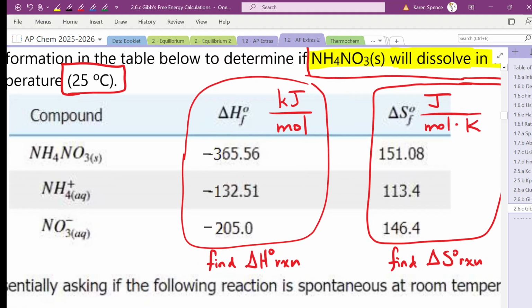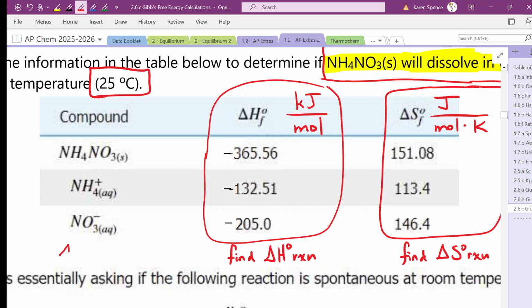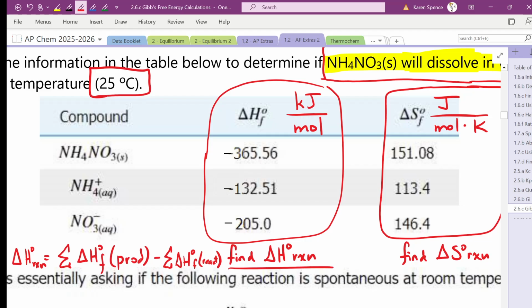So what you would do is you would just use the sum of delta H naught of formation of the products minus the sum of delta H naught F of the reactants. Okay, so you would do all of that, just like we did for the previous question for delta G.